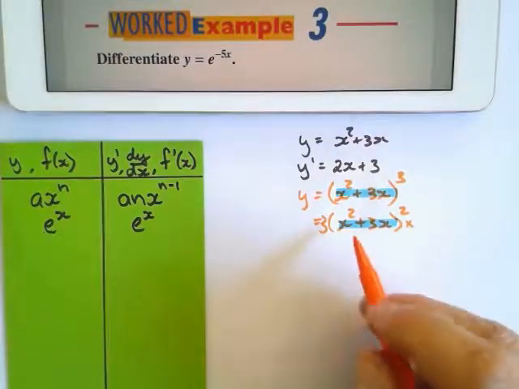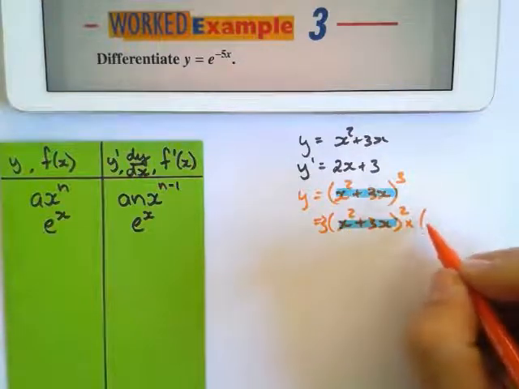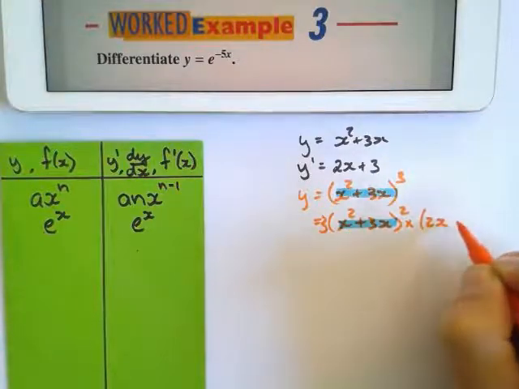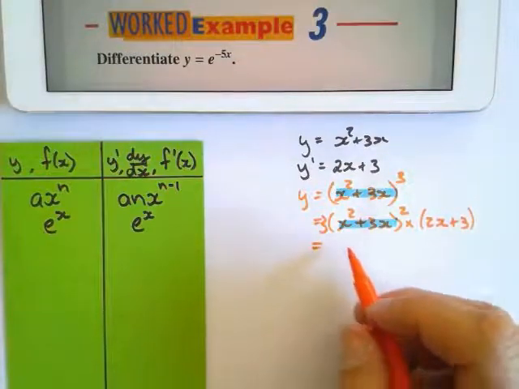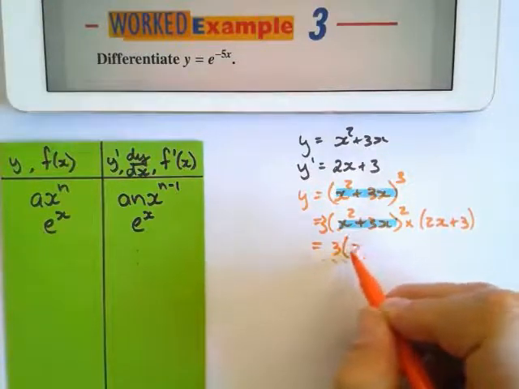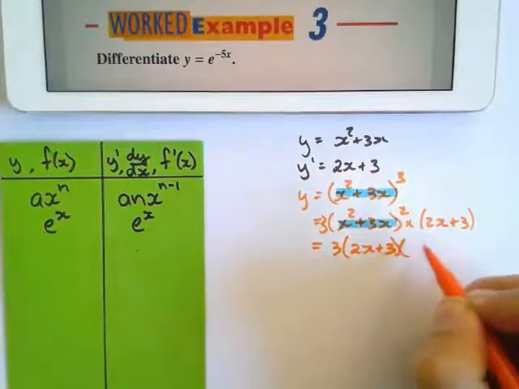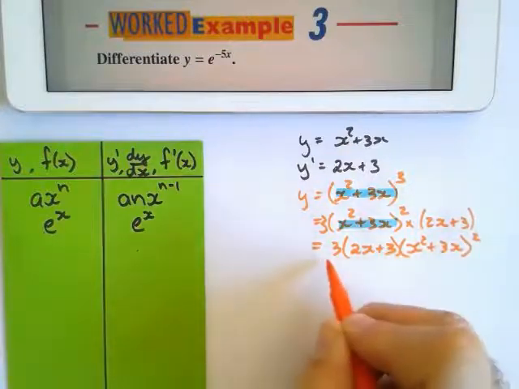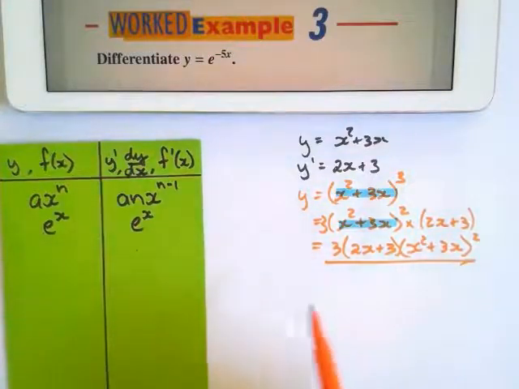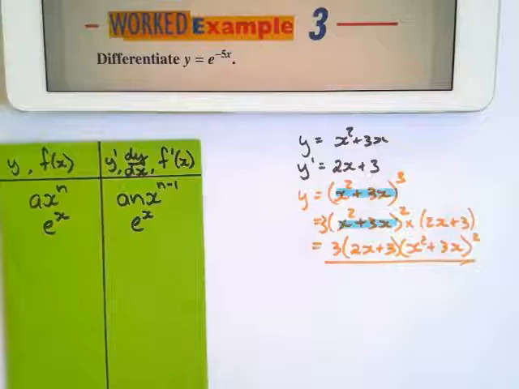So outside first and then inside, which became 2x plus 3. So this whole thing became 3 times (2x plus 3) times (x squared plus 3x) squared. So instead of using the whole chain rule, we did it this way.